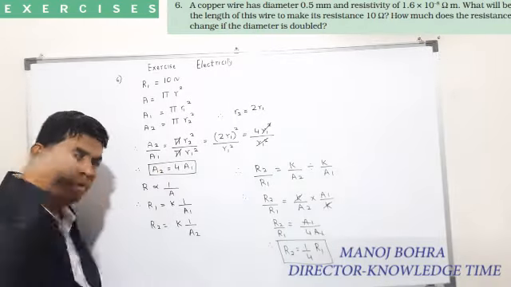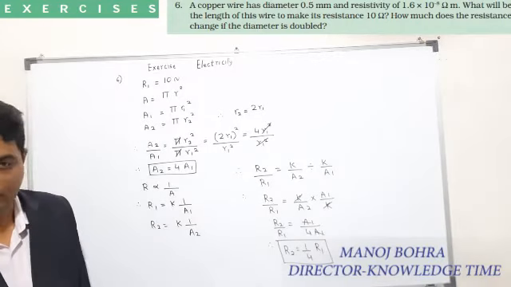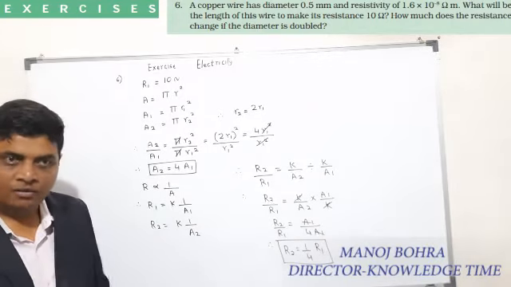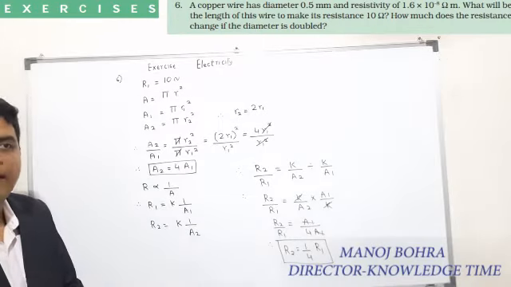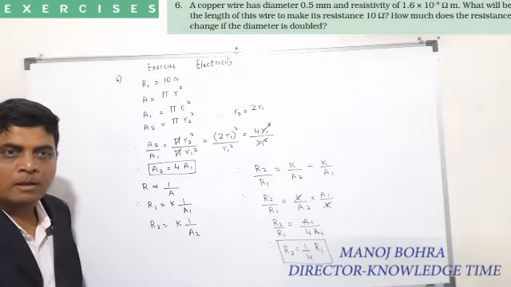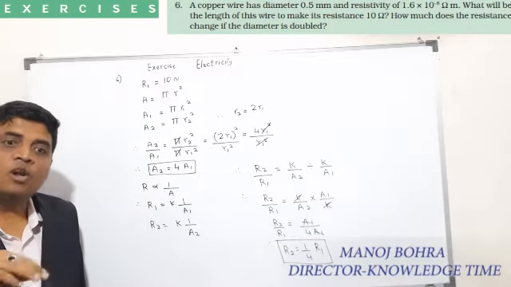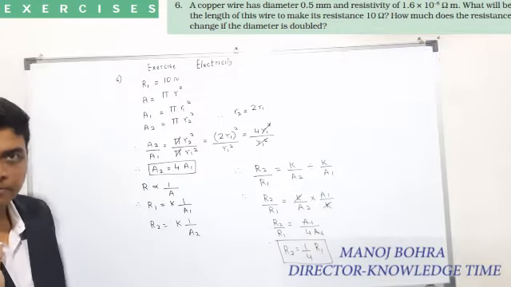My area is becoming 4 times now. So automatically my resistance should become 1 upon 4 times. This should be the answer. Clear? So you should know the answer. My area is increasing by 4 times. My resistance will decrease by 4 times. If my length increases by 4 times, my resistance will also increase by 4 times. We should remember this part.